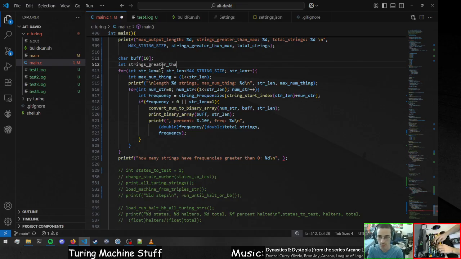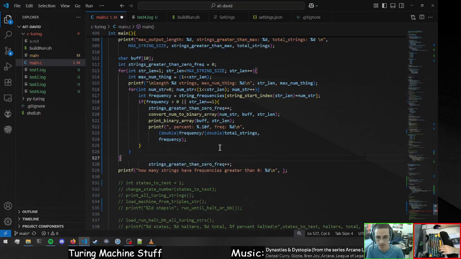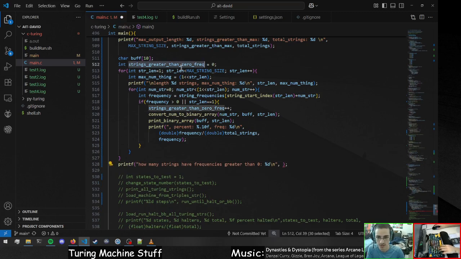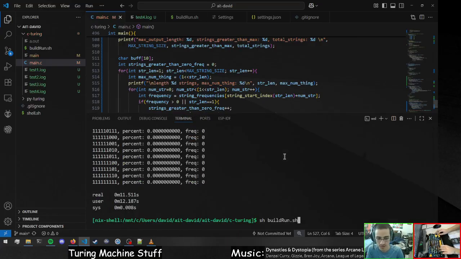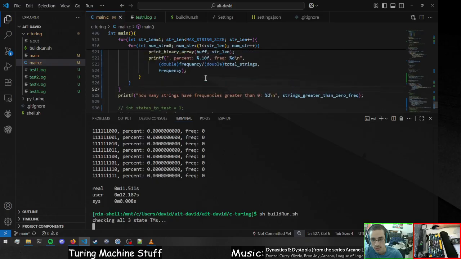Strings greater than 0 frequency. Couldn't get simpler than that. Alright, how is that pasting in such a weird way? Okay, let's go back. Let's build it. Let's do that.